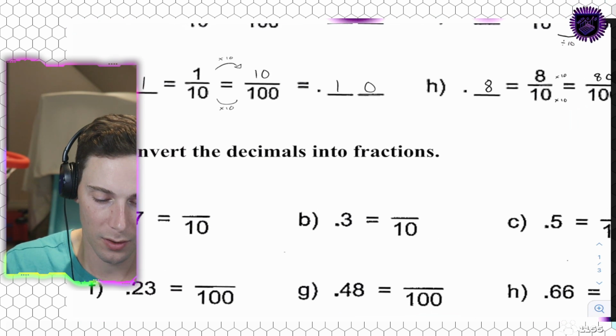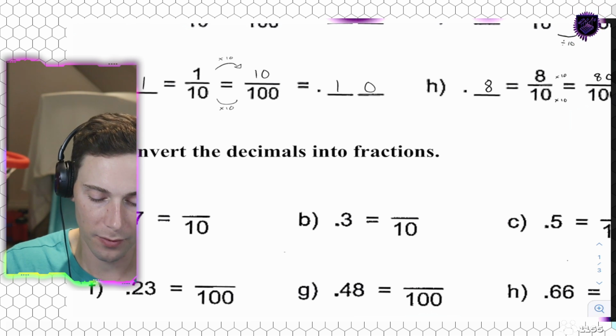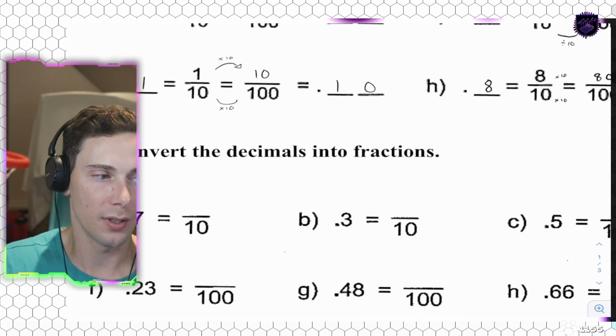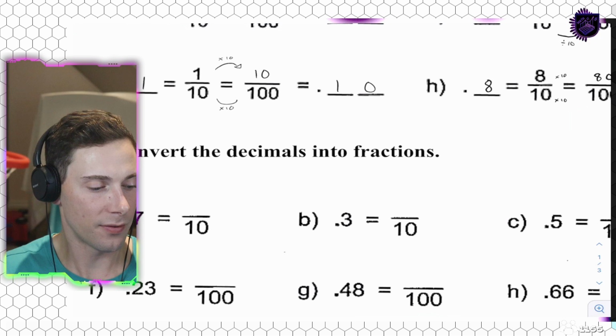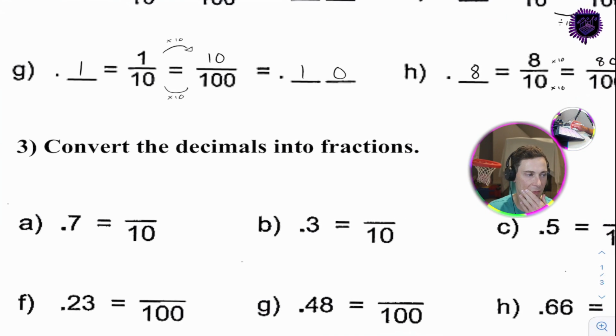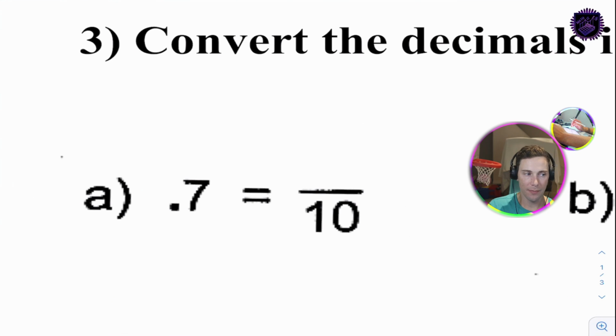Convert decimals into fractions. So it's important that we know our place value here. So let's go and look at question A. And A says 0.7. So when we want to convert this, we got to realize that this is 7/10.